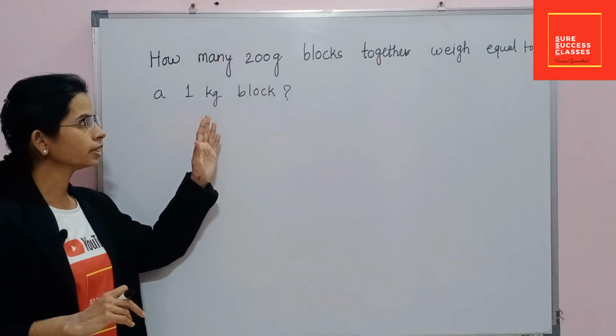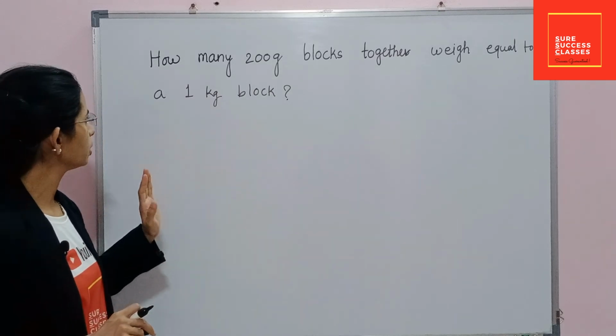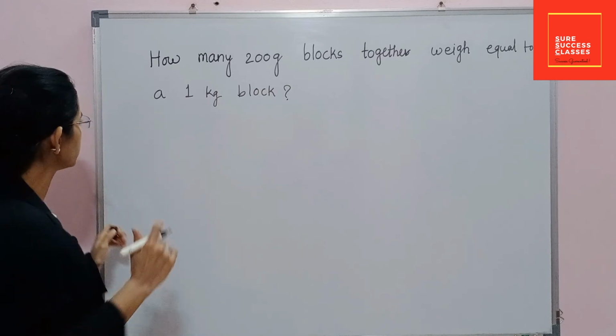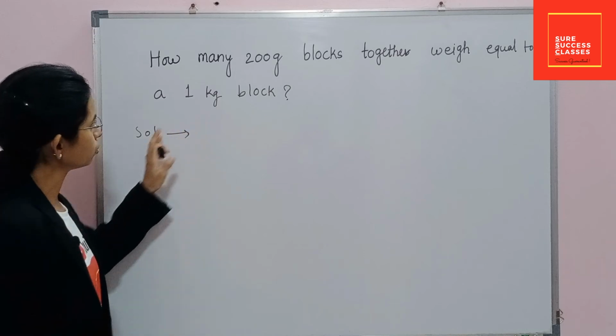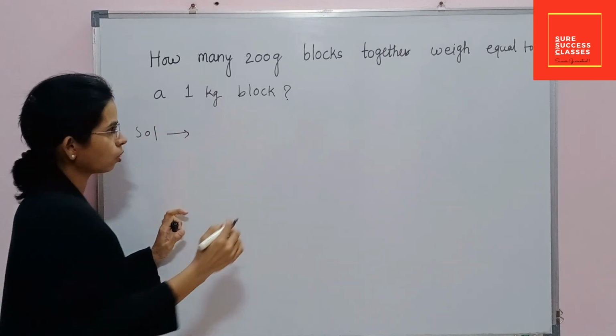How many 200 grams blocks together weigh equal to a 1 kilogram block? If you read the question carefully, then you will come to know that here we have a 1 kilogram block.